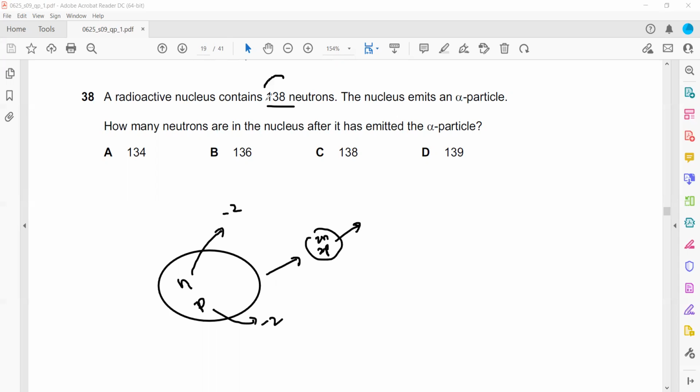If originally it had 138 neutrons, and it emits an alpha particle, how many neutrons will be left? Alpha particle means 2 protons, 2 neutrons. So how many neutrons are there in the nucleus after the alpha is emitted? Originally it is 138, and if 2 neutrons go out, we are left with 136. So B will be the right answer.